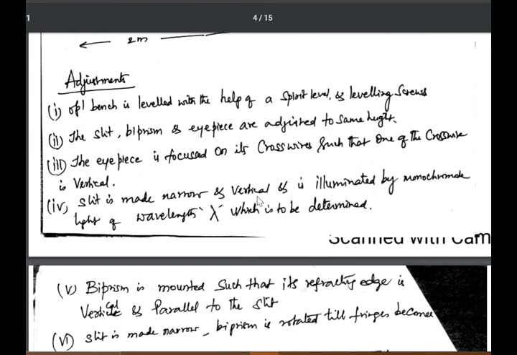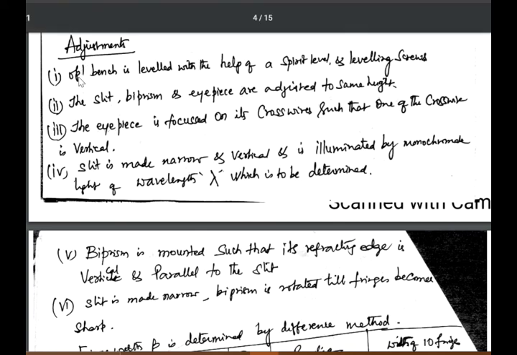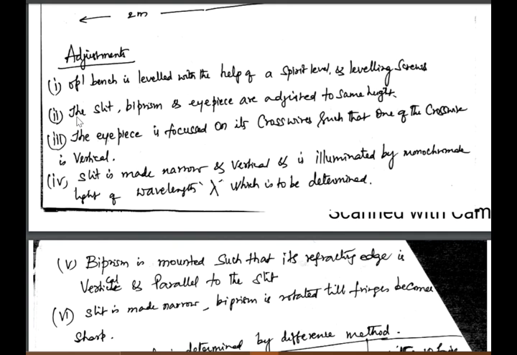Now let us see what the adjustments are. Initial or preliminary adjustments. The first one is the optical bench is leveled with the help of a spirit level and leveling screws. So you should adjust all the leveling screws with the help of a spirit level. You can make the optical bench horizontal. That is called leveling. Second adjustment, the slit, biprism and eyepiece are adjusted to the same height.